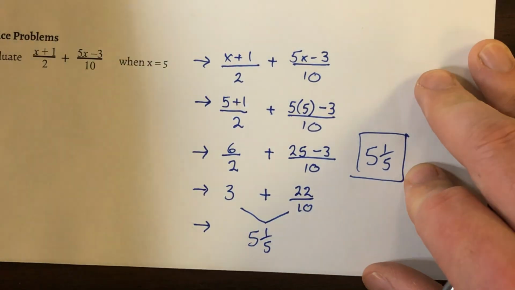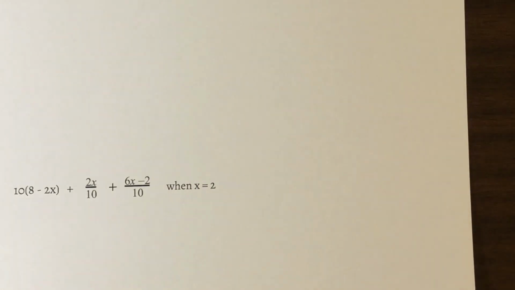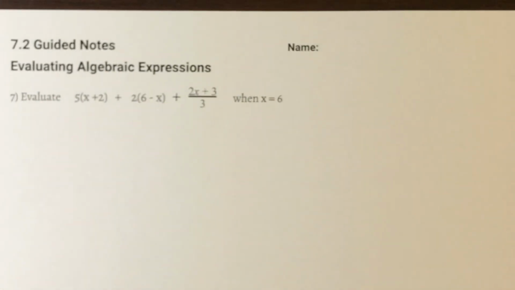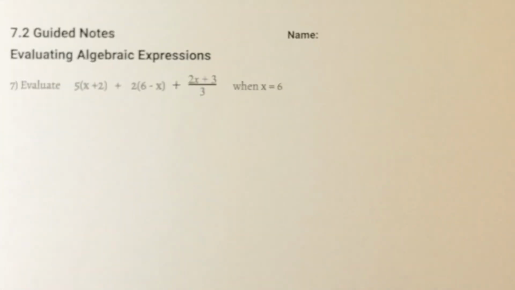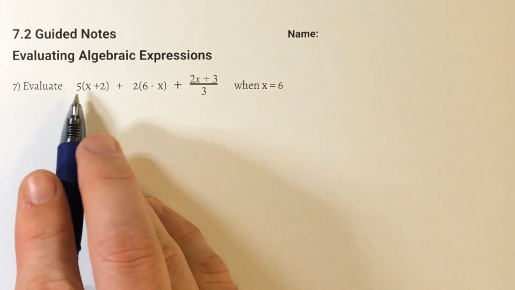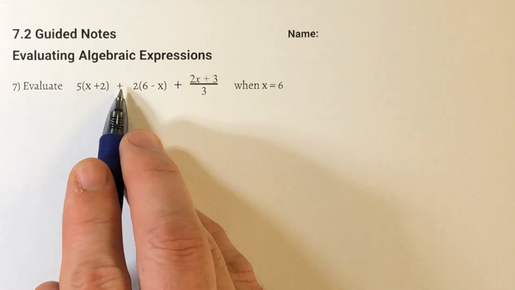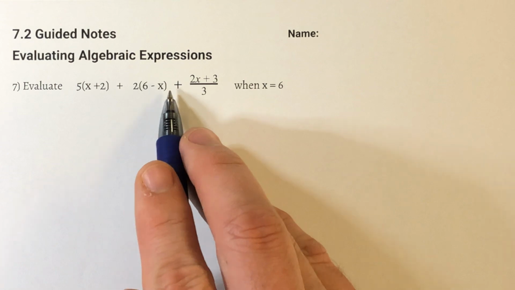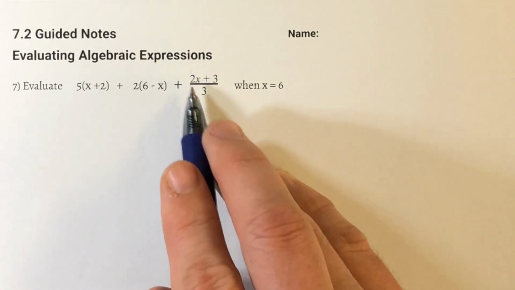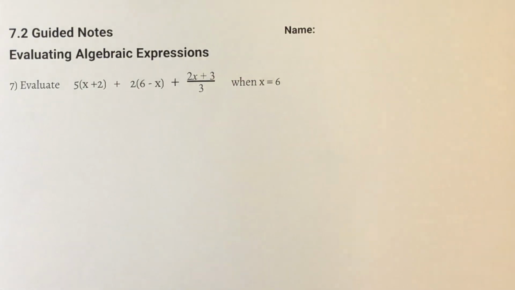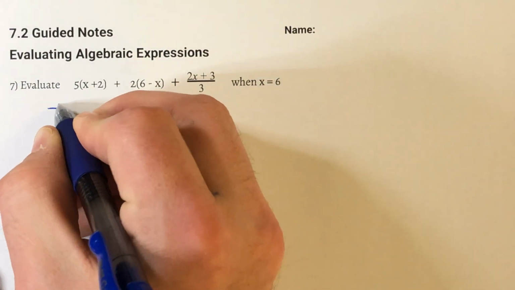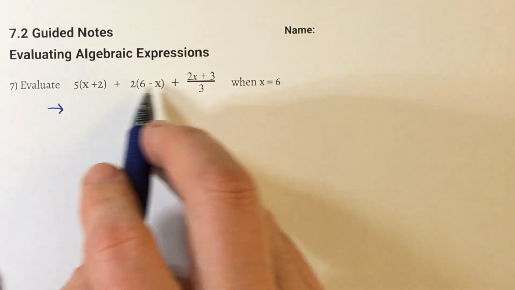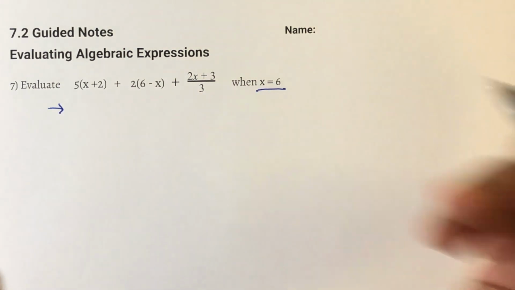All right, next example. We have 2 more. And I tried to come up with even more complicated ones because, why not? All right, so our question says evaluate 5 times x plus 2 plus 2 times 6 minus x plus 2x plus 3 divided by 3 when x equals 6. First step, you write down your problem, but that's a lot, so I'm not going to do that. We're just going to skip to step 2, which is substitute or replace all your variables with your number given, x equals 6.